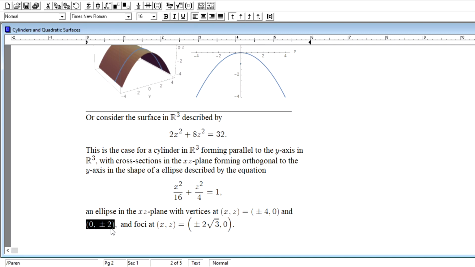So that would be at 0, plus or minus 2 for our minor vertices, 2 being the square root of 4. As for our foci, they will occur along the major axis, which will be the x-axis. And what you're going to do is take the square root of the difference of these two denominators, 16 minus 4, the larger minus the smaller.